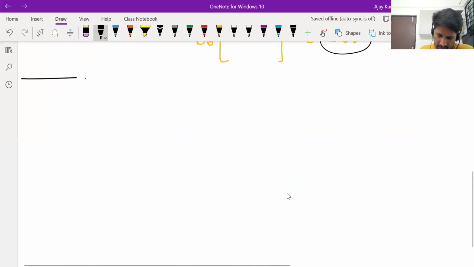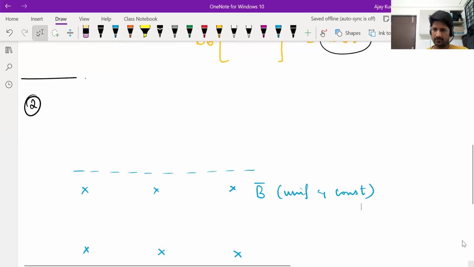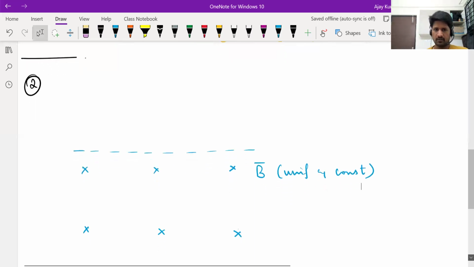Now try to answer this question. There's a boundary here. Below that boundary, there is a uniform magnetic field directed into the plane of your screen. Uniform and constant also. But it's only below that boundary, not above it. It's a horizontal boundary.